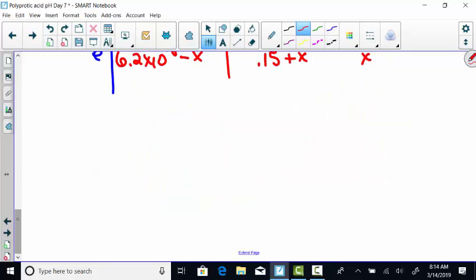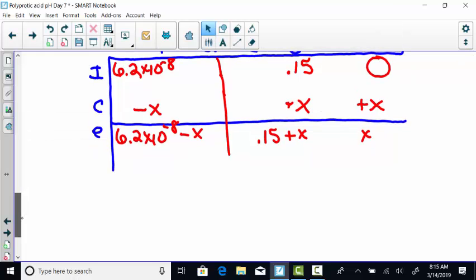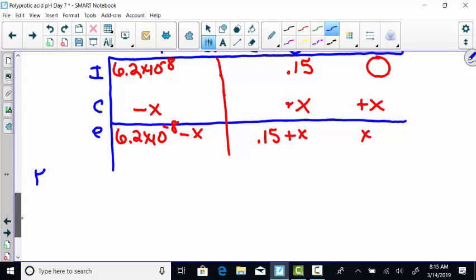So now we will just set up our Ka3. It's still products over reactants, and Ka3 for this particular compound is 4.8 times 10 to the minus 13th.